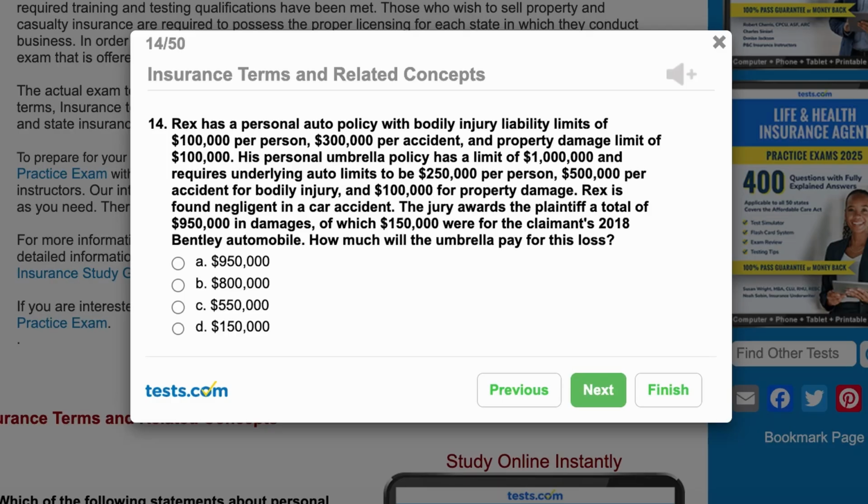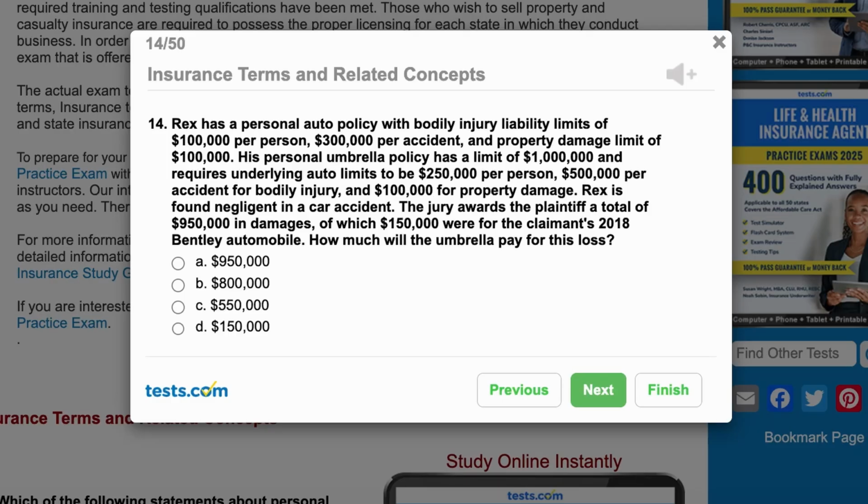Rex is found negligent in a car accident. The jury awards the plaintiff a total of $950,000 in damages, of which $150,000 were for the claimant's 2018 Bentley automobile. How much will the umbrella pay for this loss?